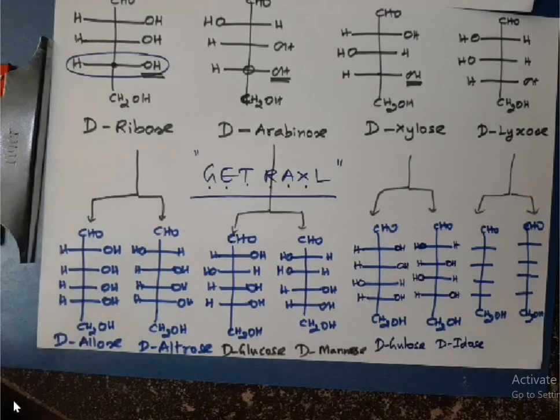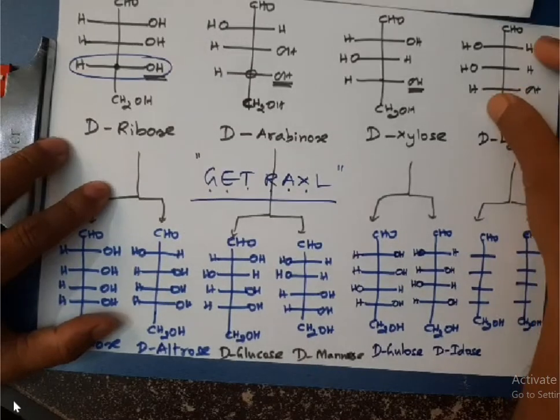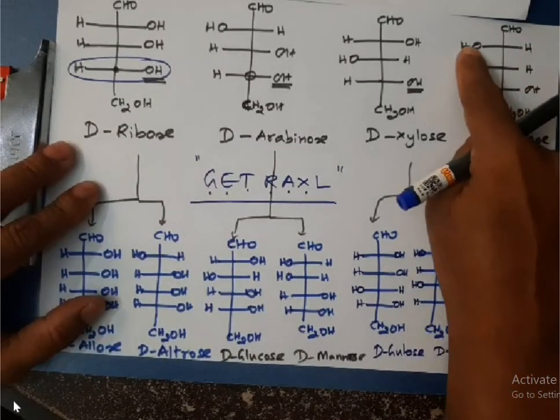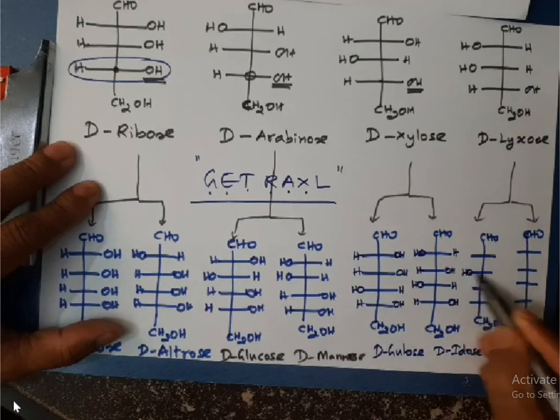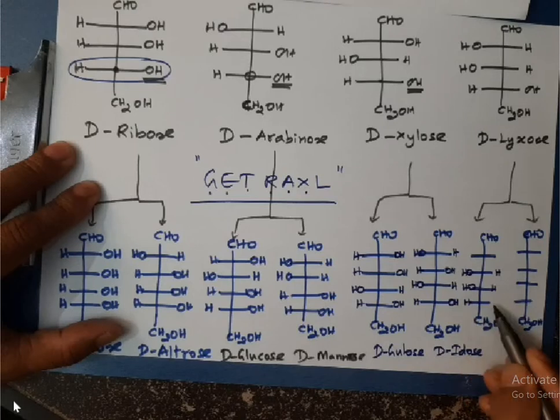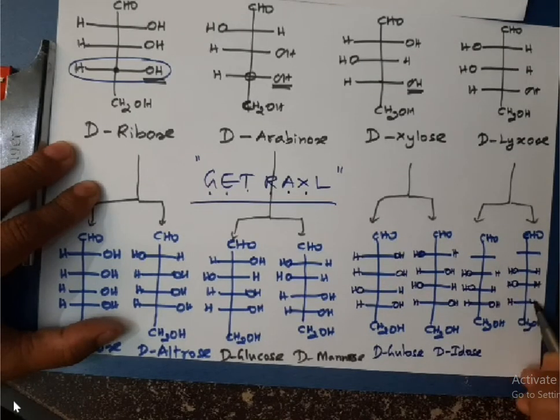And for these two molecules, I'll keep the structure as such first. So here 2 OH groups are on the left hand side, one is on the right. So let me write them as such: 2 OH groups left, 1 OH group on the right. Similarly, you keep them as such: H, OH, OH, H, OH, H, and H, OH.